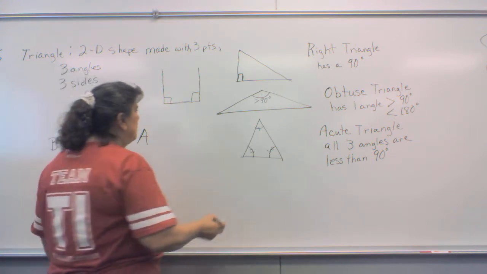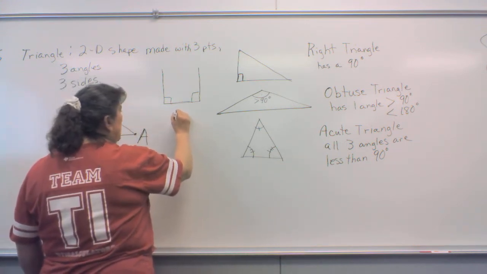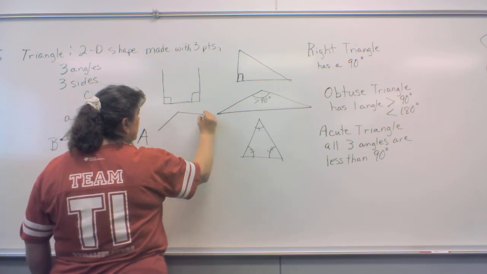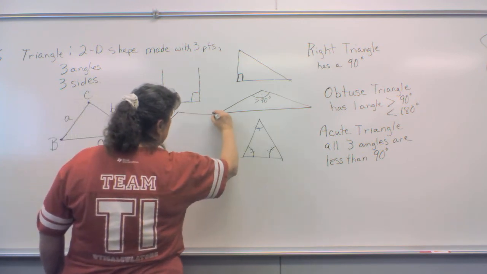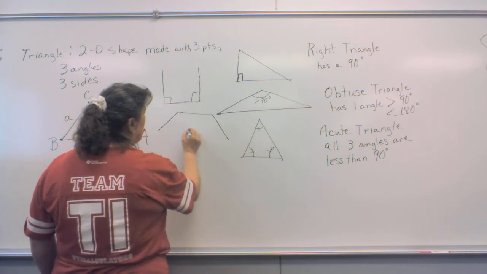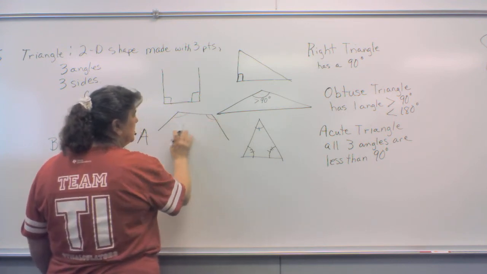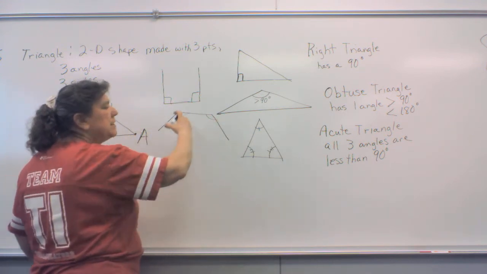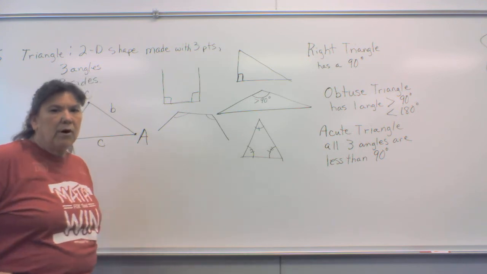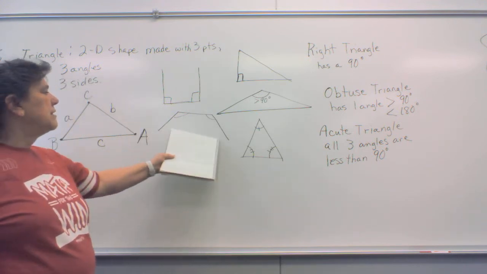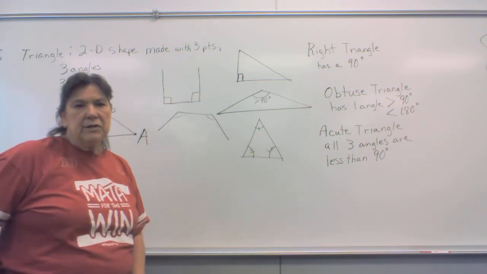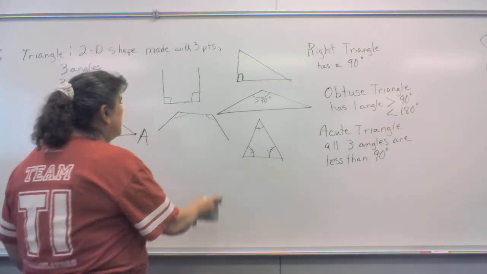So that would be impossible. How about 2 obtuse angles? Well, there's one obtuse angle. If I make another obtuse angle, is this going to let me get to a triangle? No, all it does is make the legs get further apart so that there's no way these can be joined together. So these kind of triangles are not possible.